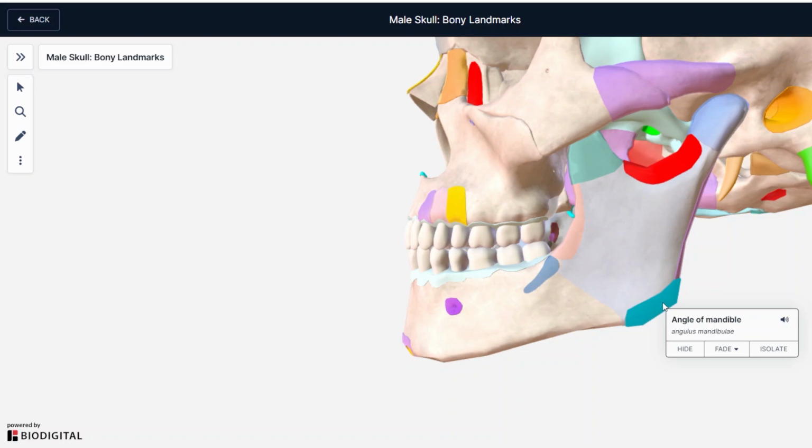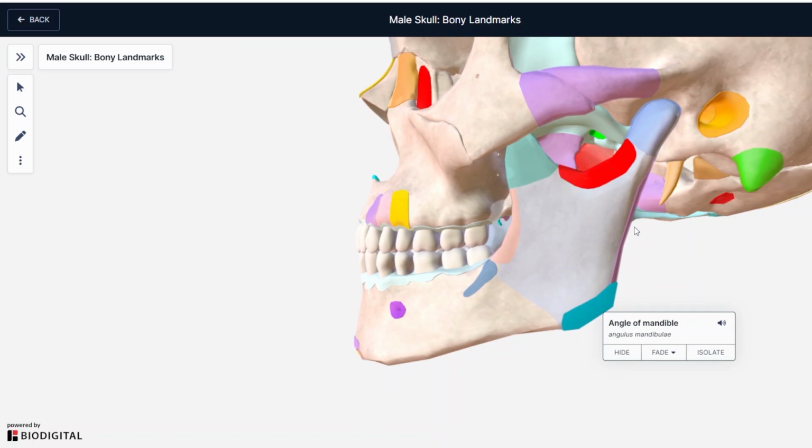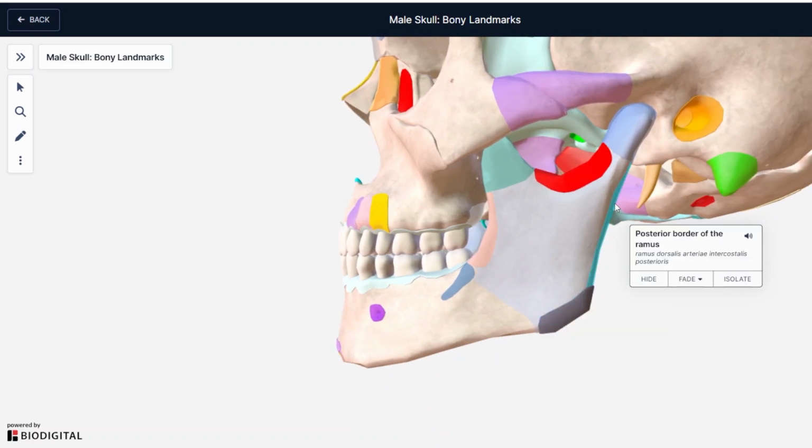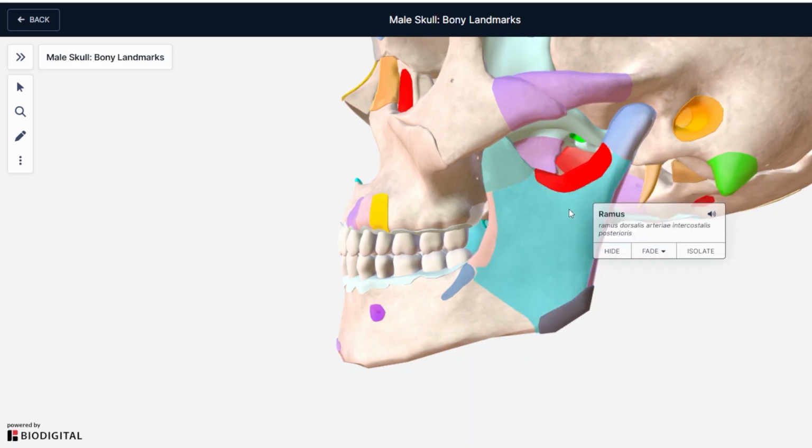The angle of the mandible is the region where it deflects from going straight to going up. That's an angle. Then, as we go up with the angle of the mandible, we keep going up from this region, we will have the posterior border of the ramus. So logically, if we have reached the posterior border of the ramus, that must logically mean this is the ramus. I know, right? Really difficult. So, recap.